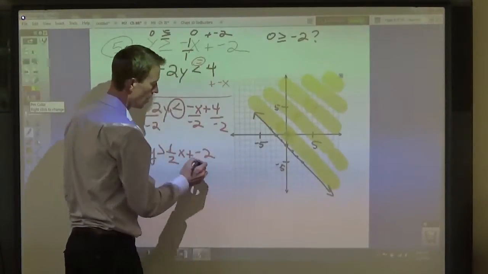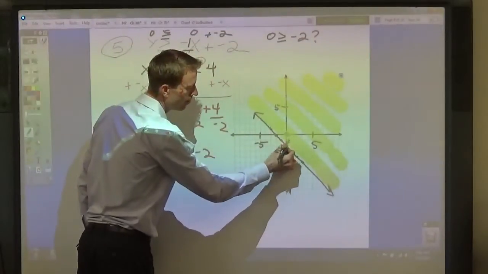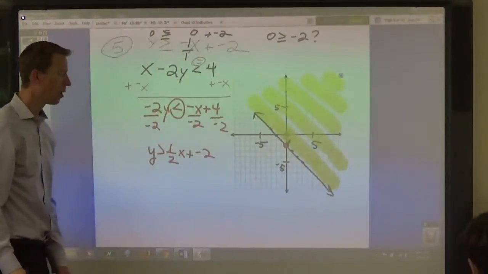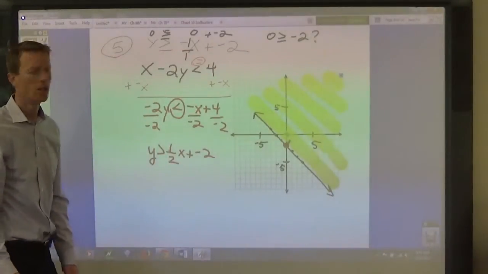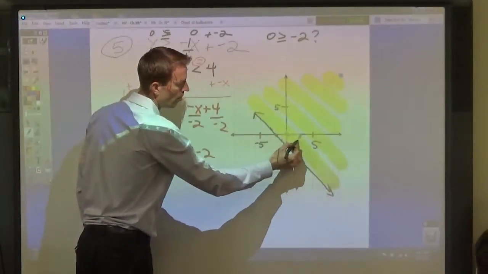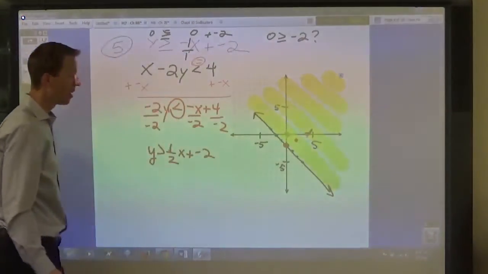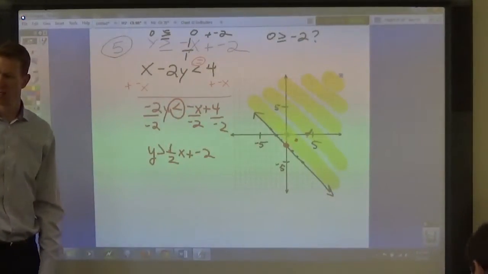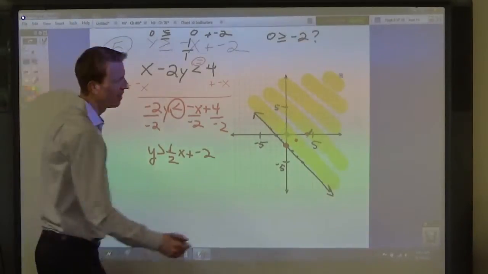So, here's -2. Then what? Go up 1 over 2. Mark it with a solid dot. Nope, a dashed line.